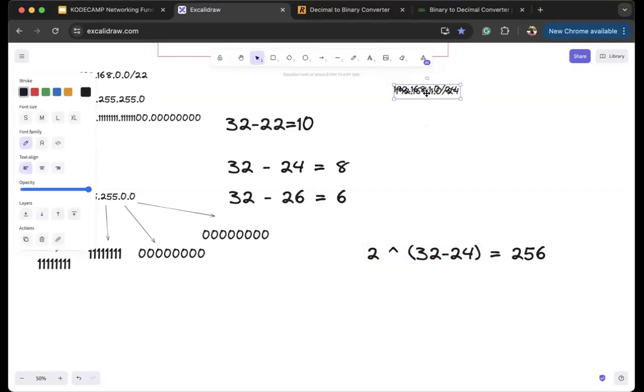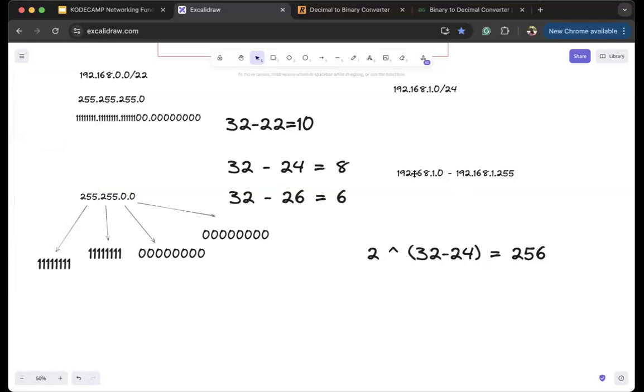What this will translate to is that I can have possible values between 8 and 0.